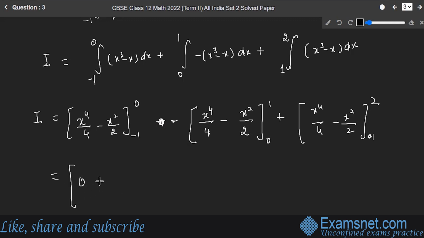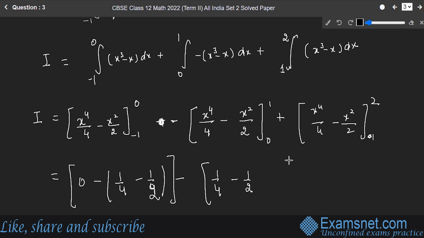This will be 0 minus, it is 1 upon 4 minus 1 upon 2, right? Sorry, here is 1 by 2, not 1 by 4. So in brackets, minus 0, 0, plus this is 2 raised to power 4, which is 16 by 4 minus 4 upon 2 minus 1 by 4 minus 1 by 2.